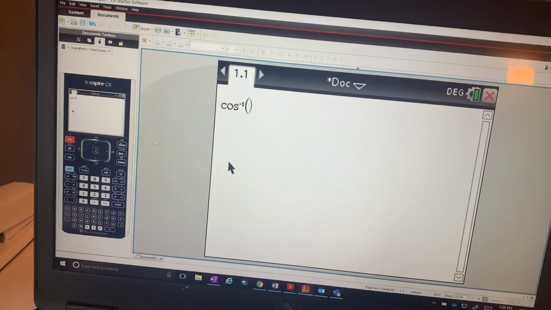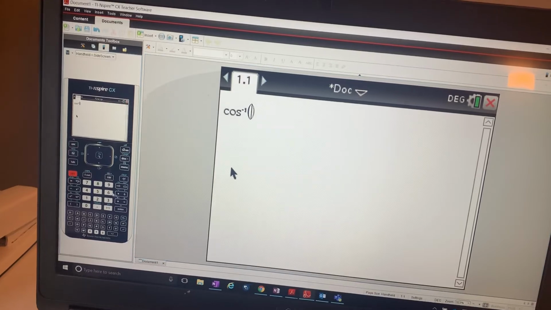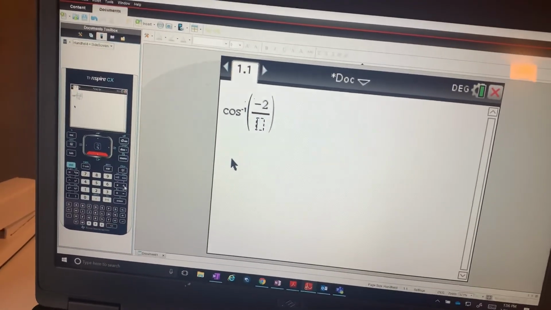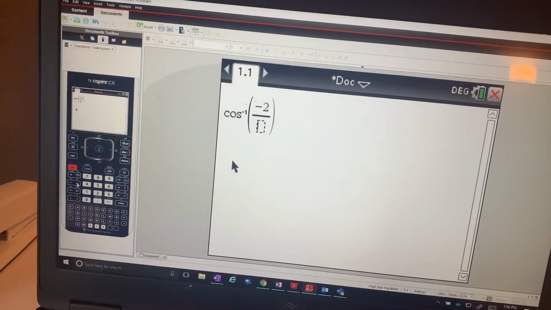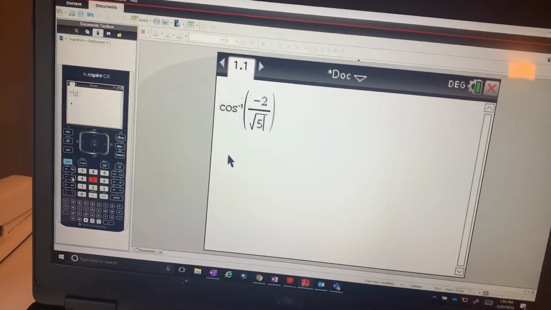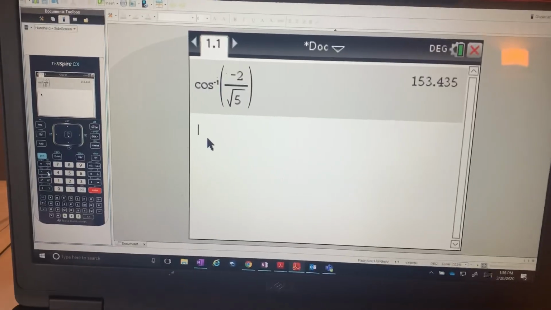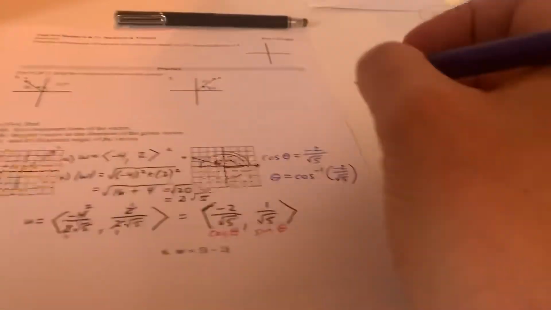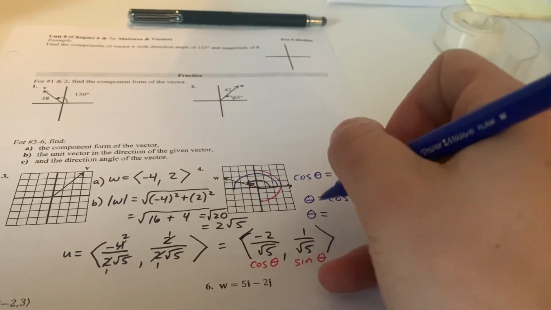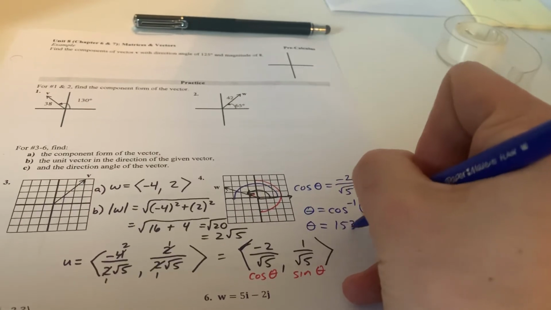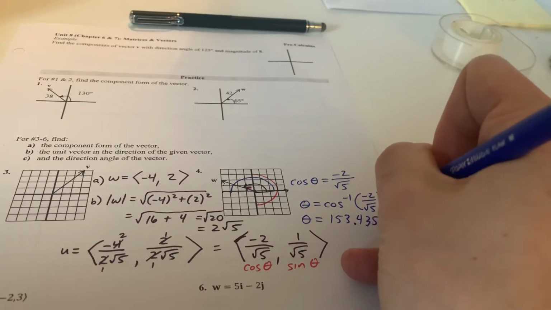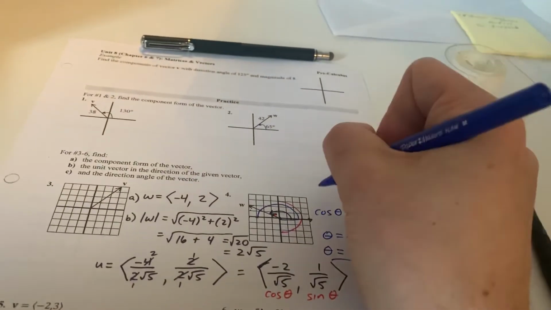Inverse cosine of the fraction -2 over square root of 5 is 153.435 degrees. So that's my direction angle. 153.435 degrees. And that's part C.